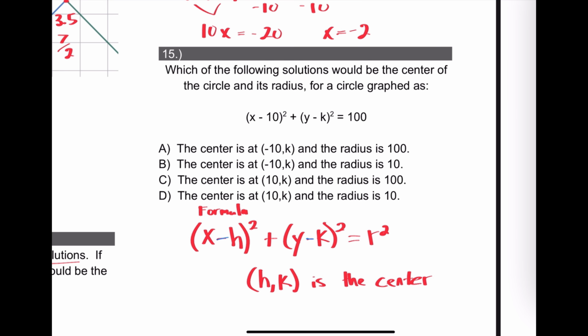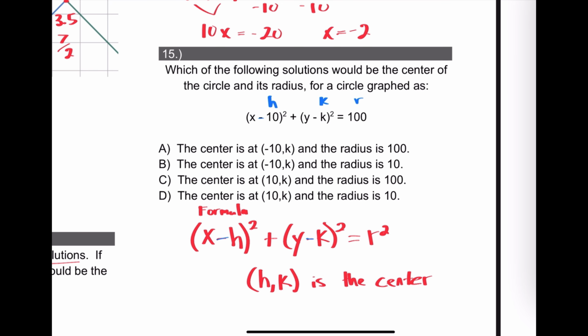The h is here, the k is here, and the radius is there. So the 10, you'll notice it could be negative 10 or positive 10, but because of how the formula is written, it's going to be positive 10. We're going to flip the negative to a positive because of how that's written.